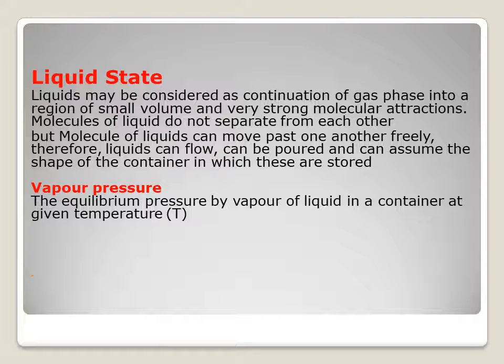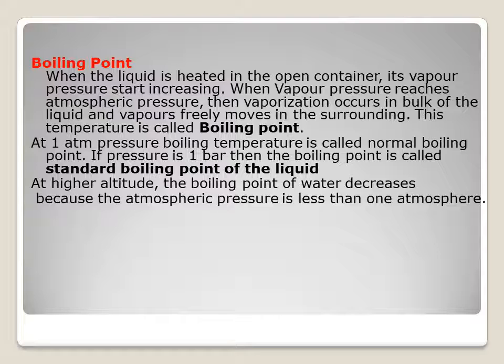Now, vapor pressure. It is the equilibrium pressure exerted by the vapor of a liquid in a container at a given temperature T. Now, what is boiling point? When the liquid is heated in an open container, its vapor pressure starts increasing.